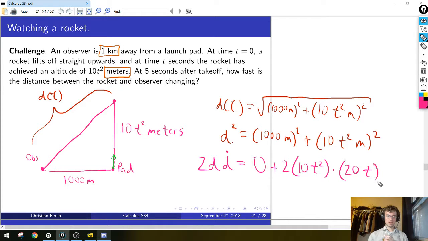Yeah, 20t. I'm dropping all the meters because I'm getting lazy, but what you said is correct. So indeed, 2d d-dot is twice the quantity 10t squared times 20t, the derivative of the inside.